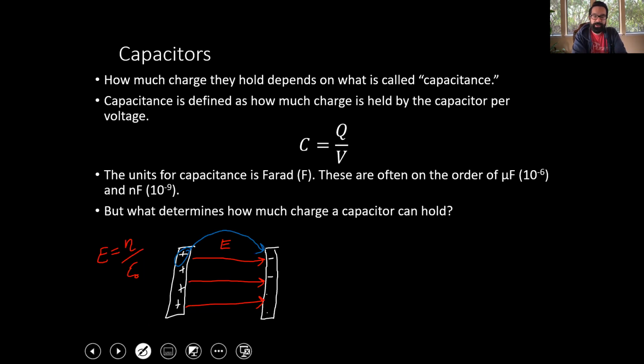And once that charge has crossed over, we no longer have a capacitor, right? The plates aren't holding charge anymore. That's called dielectric breakdown. I'm pretty sure I have it later in the slides, but I'll write it now.